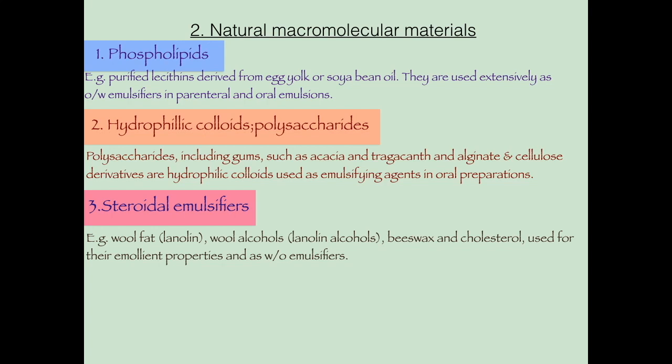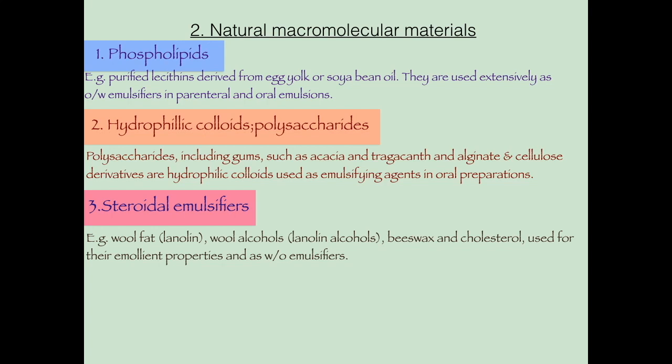To enhance their emulsifying properties, we can also use them in combination with other emulsifiers. We can also modify them chemically to produce either water in oil emulsifiers or oil in water emulsifiers. For example, a large number of purified and chemically modified derivatives are available commercially that produce more stable water in oil emulsions and retain desirable emollient properties.